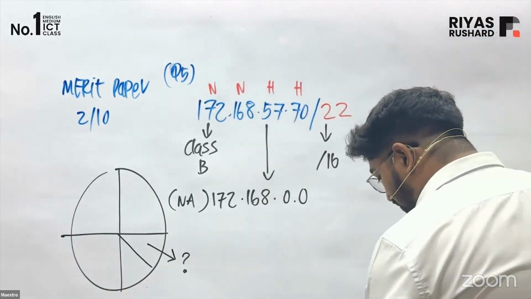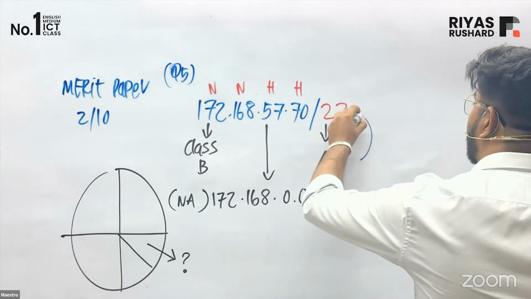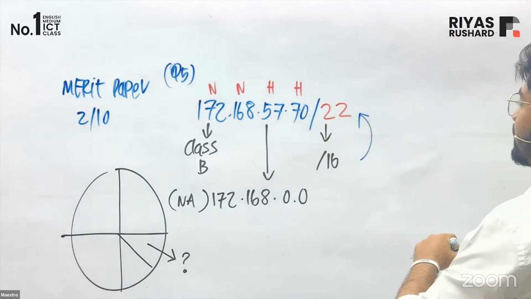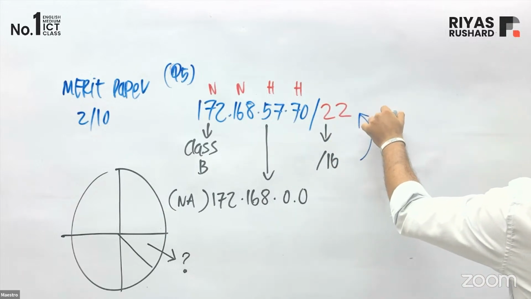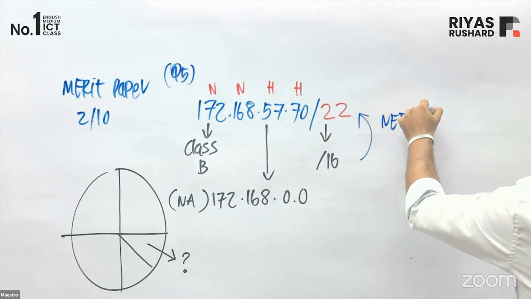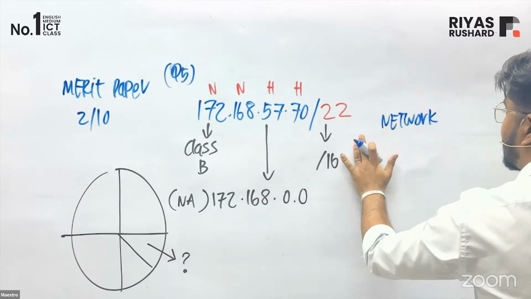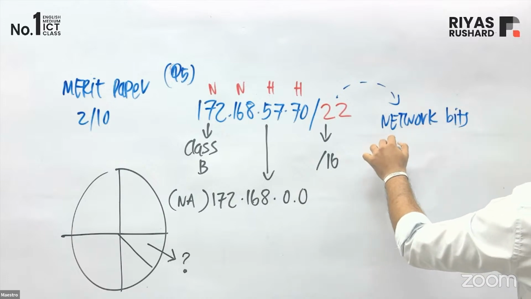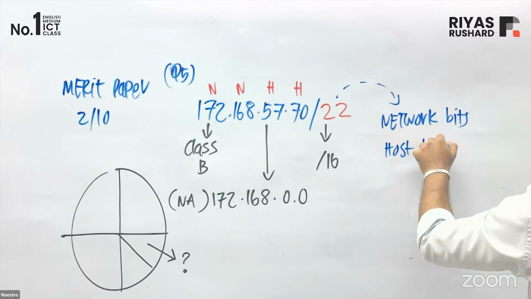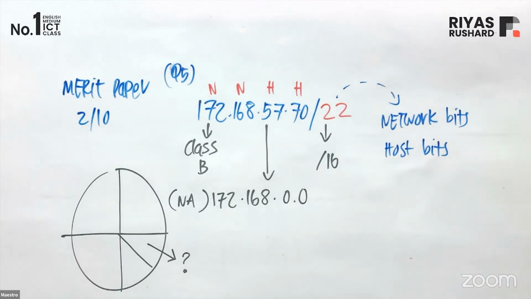So how do you find it out? From 16 to 22, we can get the network bits by looking at this. You can get the network bits and also the host bits. What will be the network bits and host bits?